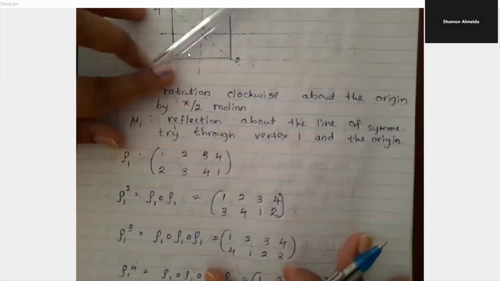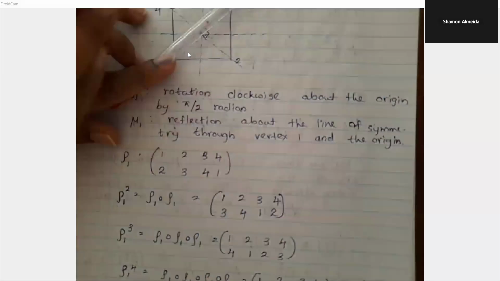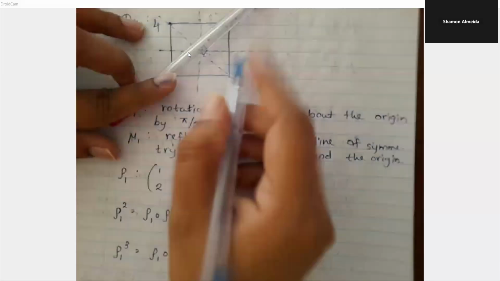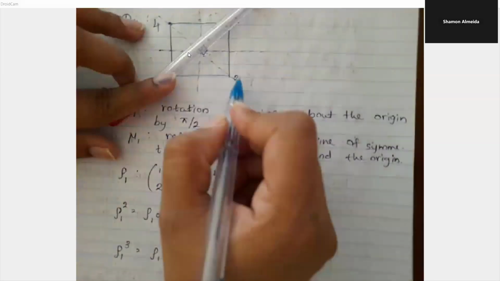Now what do we do? In the composition, we have to do the same reflection once again. Mu1 composite mu1. So now we reflect it again about the same line. What does it mean? You are swapping these two vertices again. So the second time around, 4 that was here due to the first reflection will go back to its original position. 2 that was here due to that first reflection will come back to its original position.